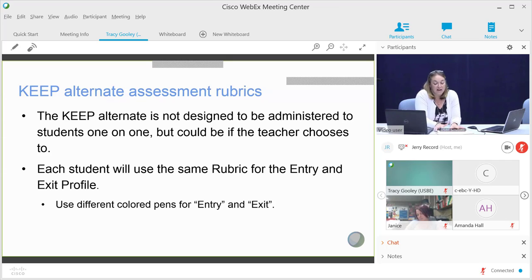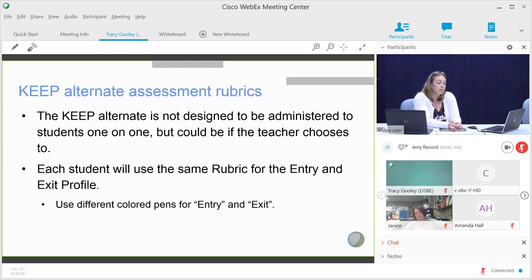One of the things that is different on the alternate entrance exam is that this is based off of kindergarten standards. So most of you hopefully know that we don't have alternate pre-kindergarten standards. So unlike the regular KEEP that based their entry off of those standards, we didn't have that ability.